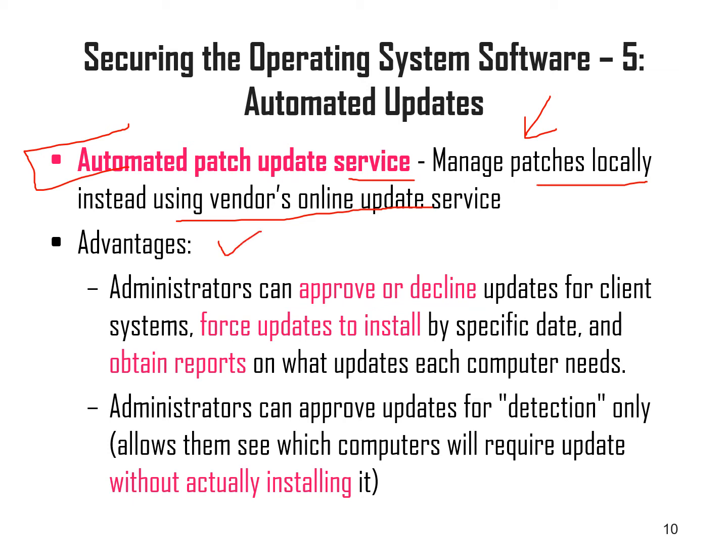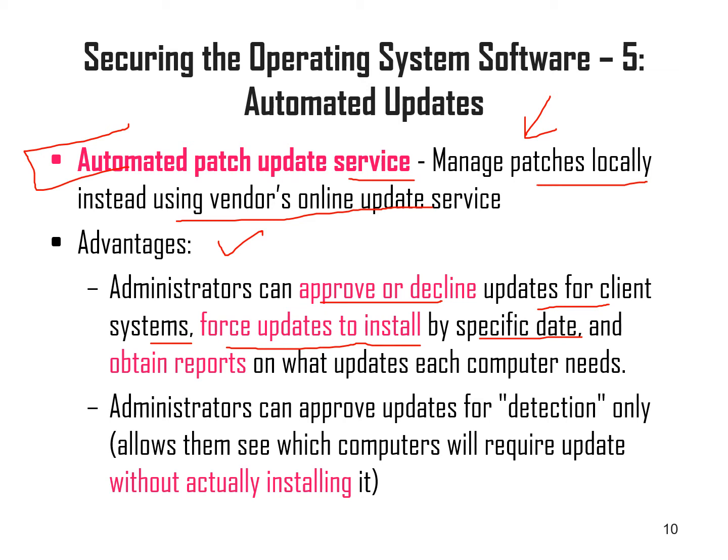So what are the advantages of using this automated patch update service? Administrators can approve or decline the updates for client systems, right? The administrator in charge of that locally configured automated patch service server can approve or decline updates for the client systems, or he can force updates to be installed by a specific date for a particular host system.